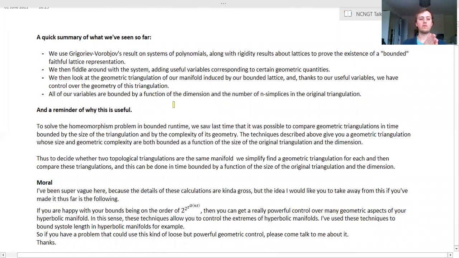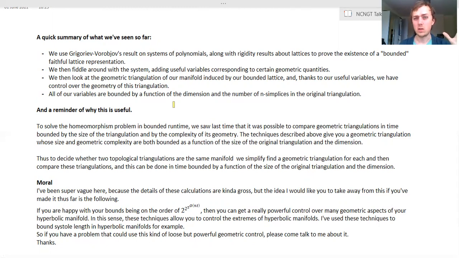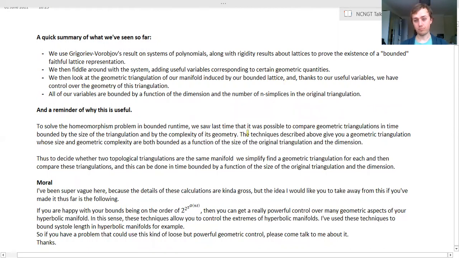So a reminder why this is useful: to solve the homeomorphism problem in bounded runtime, we saw that there already is an algorithm, at least in the closed case, and I believe it can be adapted to the cusp case, that it was possible to compare geometric triangulations with this algorithm. And the time bound was a function of the size of the triangulation and the complexity of its geometry.